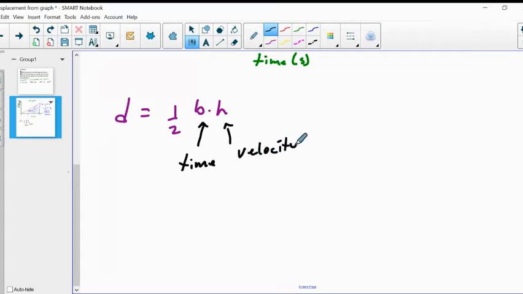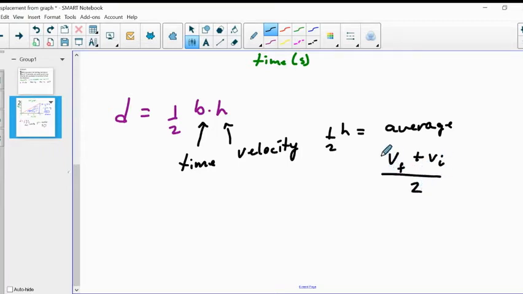And in fact, the 1/2 of the height is actually the average velocity. What we do is we take the final velocity, add the initial velocity, and divide that by 2 to give us this average.